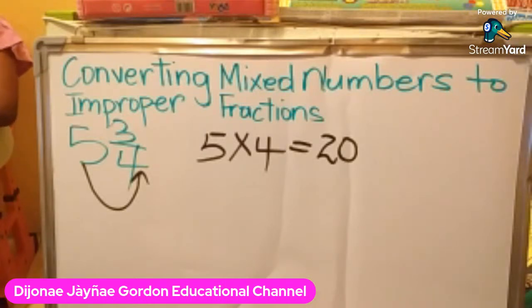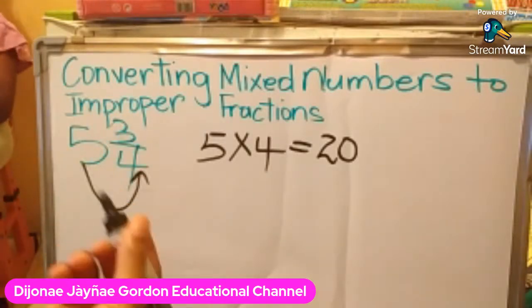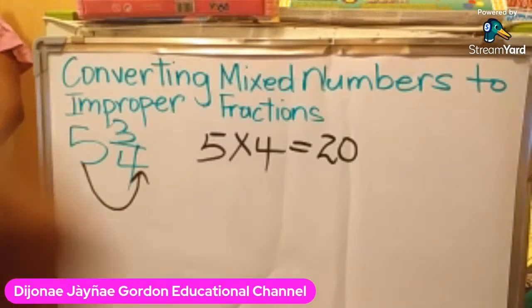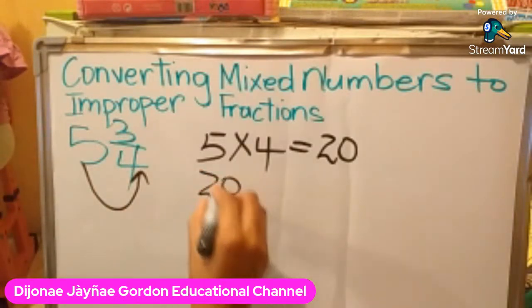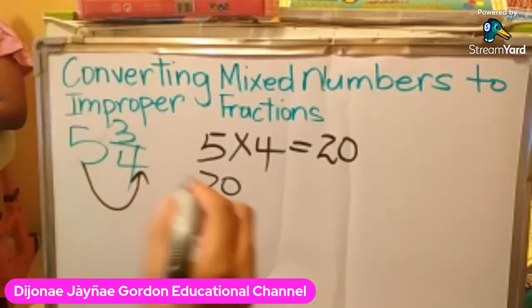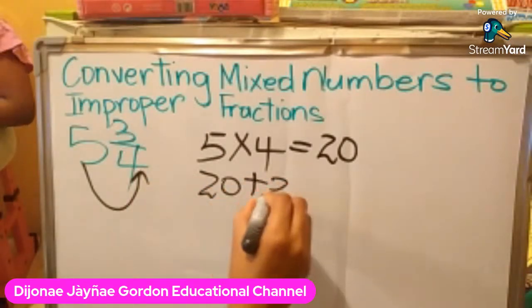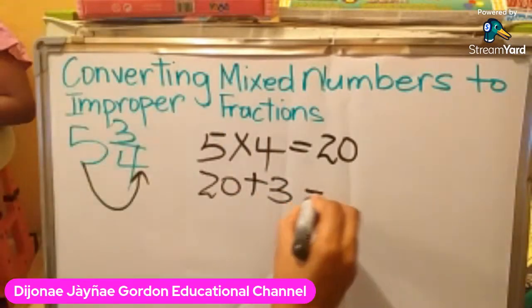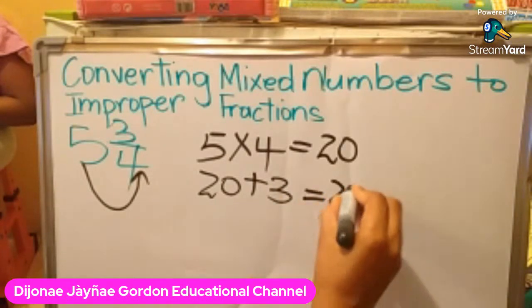All right. So 5 multiplied by 4 gives you 20. And then the next thing you are going to do is add 20 to your numerator, which is 3. So 20 plus 3 is going to give you 23.